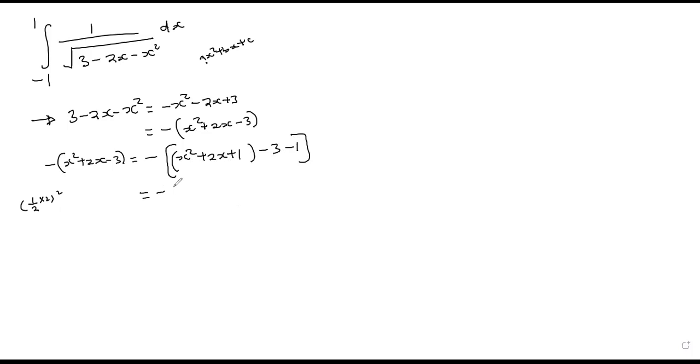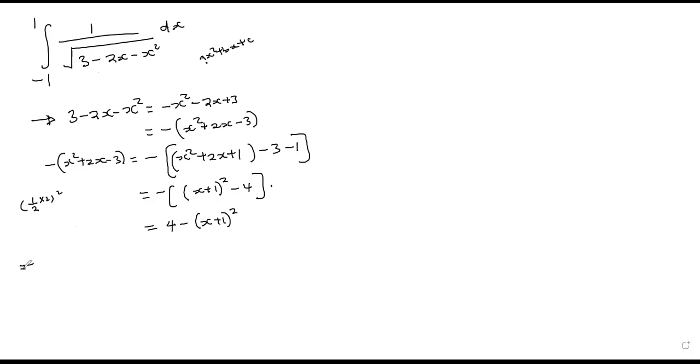But in that perspective, we shall have it as negative, this one here is the expansion of x plus 1 squared, then this is minus 4. So which is already in the other form. But this minus, we can multiply it inside so that it becomes positive 4. So we shall have positive 4, then minus x plus 1 squared. Then now we bring it here.